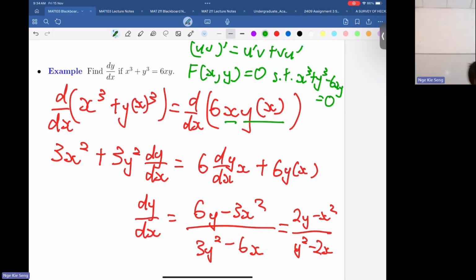Then I claim that you can get this fraction straight away from f(x,y) through some partial derivative. Can you guess the pattern?